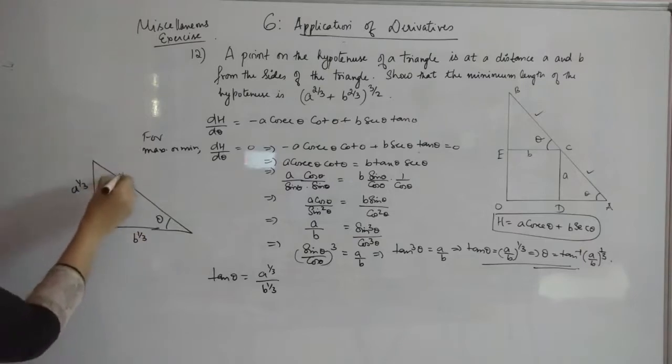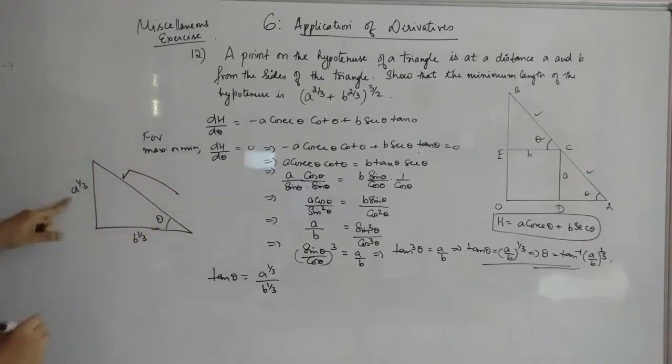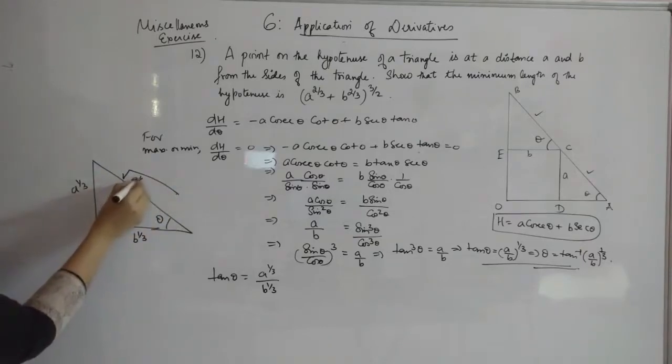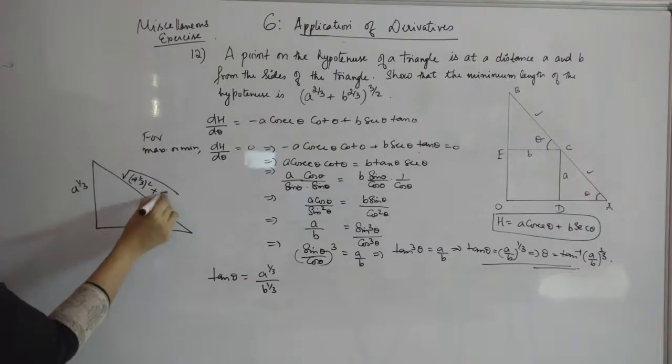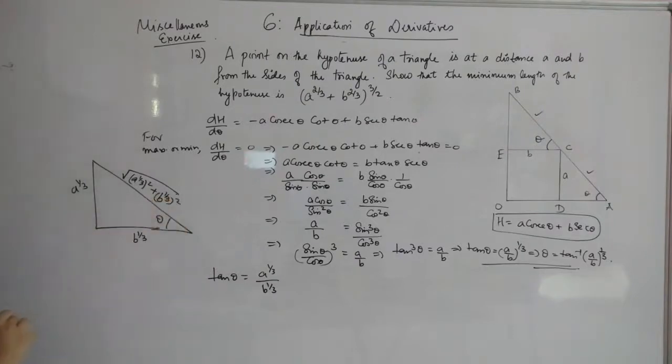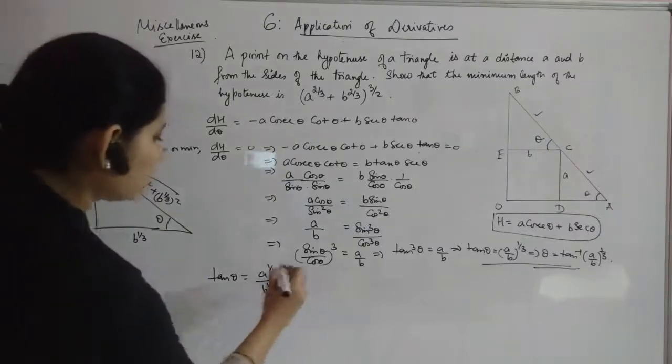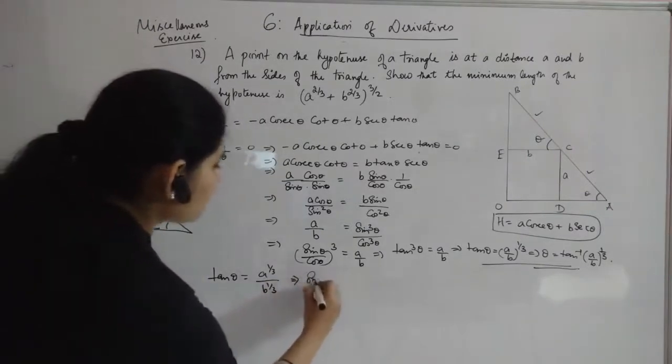So what will be the hypotenuse? Root of base square plus altitude square, so you get root of a raised to 1 by 3 the whole square plus b raised to 1 by 3 the whole square, right? Now a raised to 1 by 3 the whole square is a raised to 2 by 3. From this I will get sine theta.